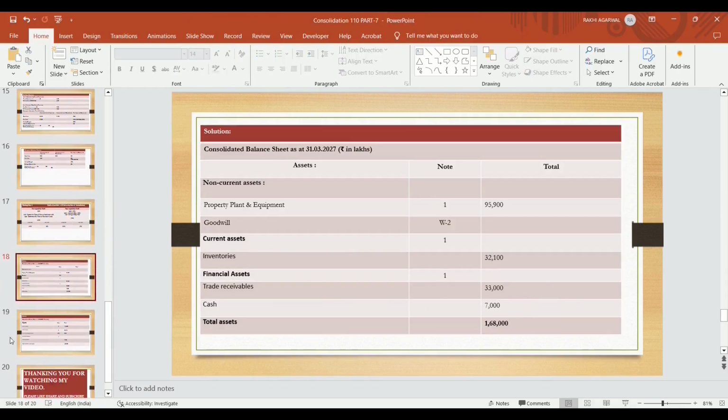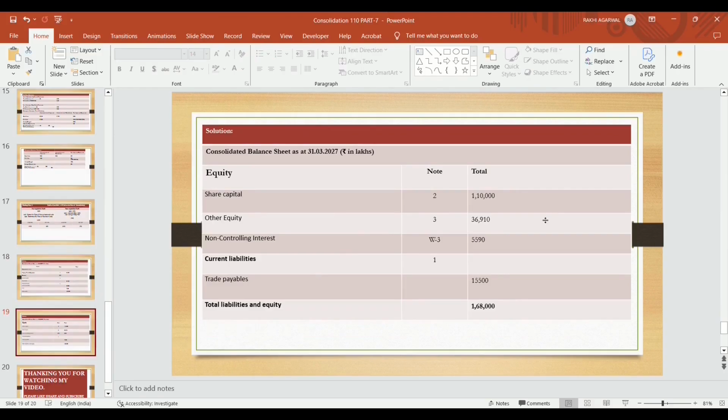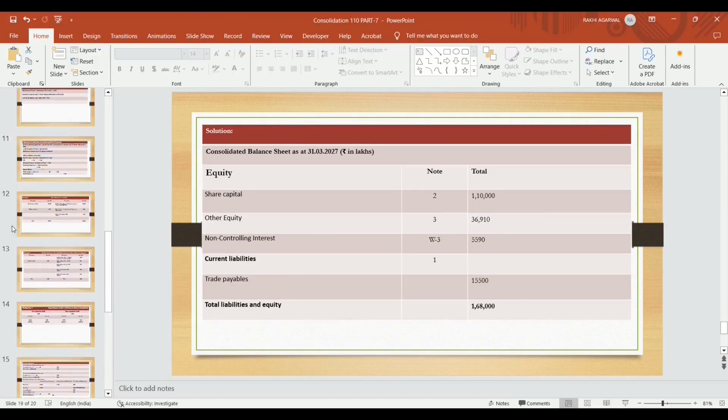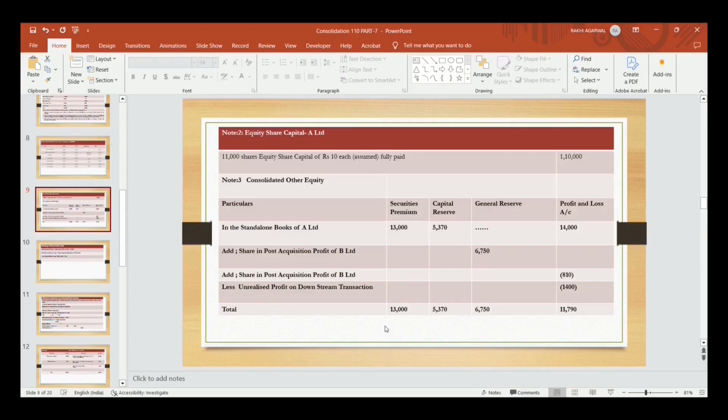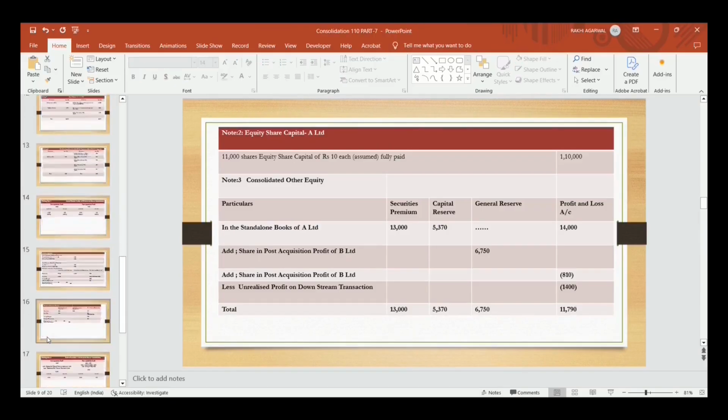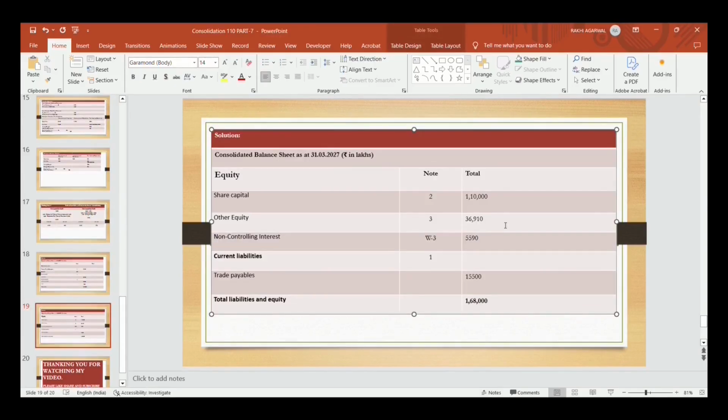So the total becomes 1,68,000. Now on the liability side, share capital becomes 1,10,000 as given in the note. In other equities there is a capital reserve of 5,370. So the total of consolidated other equities becomes 13,000 plus 5,370 plus 6,750 plus 11,790. So the total becomes 36,910.